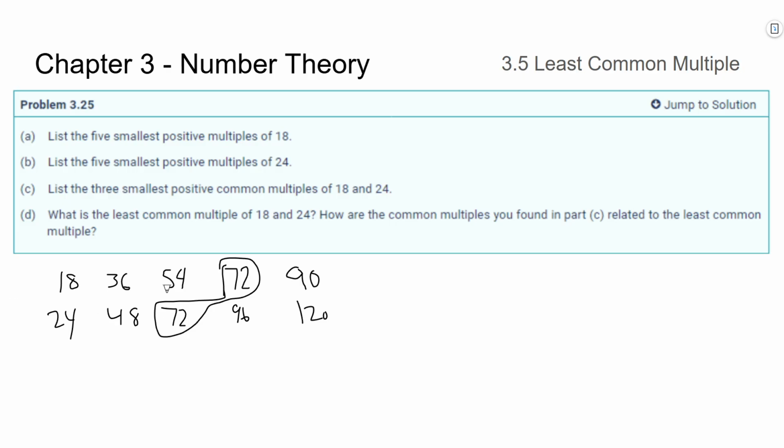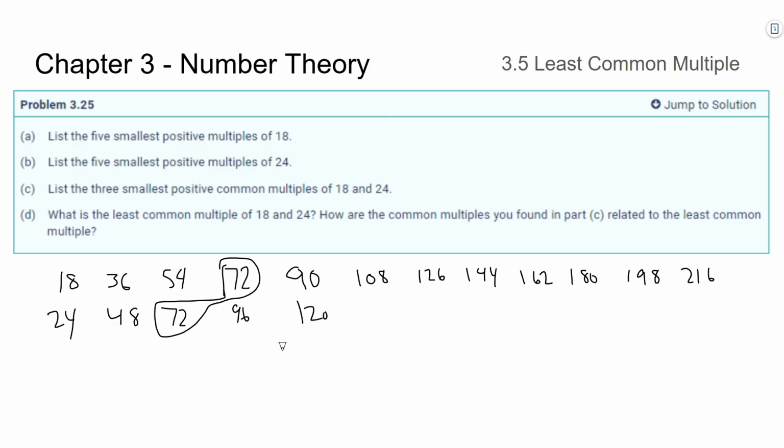So after 90, we'd have 108, 126, 144, 162, 180, 198, 216, and we'll stop there for now.